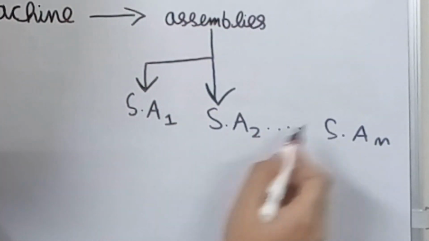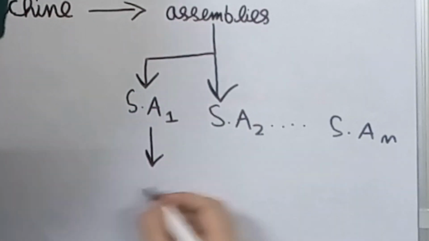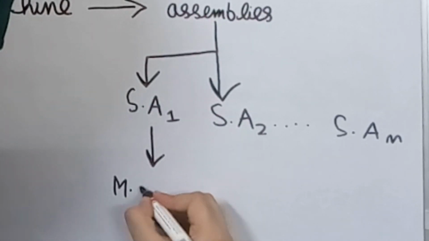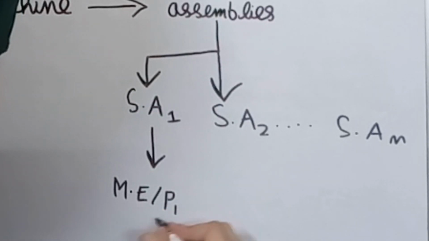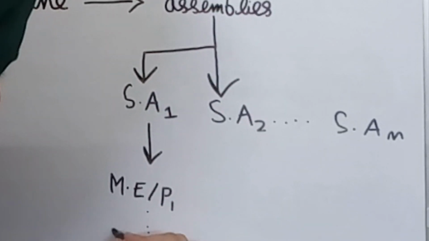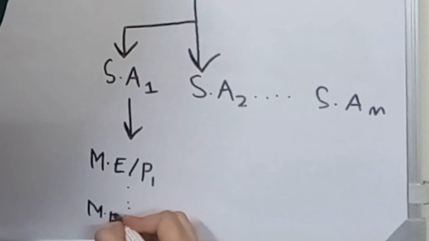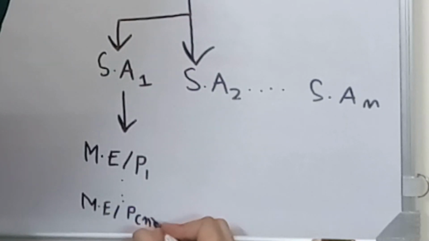Now within these sub-assemblies, we would have something called a machine element or a part. So on, we can also categorize that these machine elements would also have some number, right?